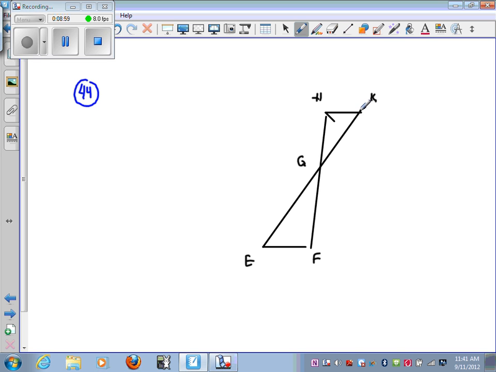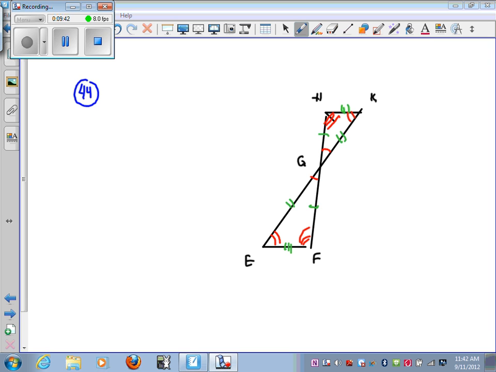So the corresponding angles: this angle right here corresponds to this angle. This one corresponds with that one. And that one corresponds with that one. And then this side, this side, and this side correspond to those sides. So that's how you do those.